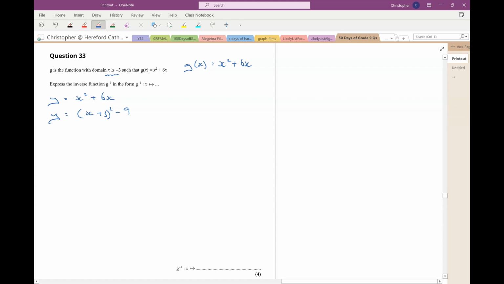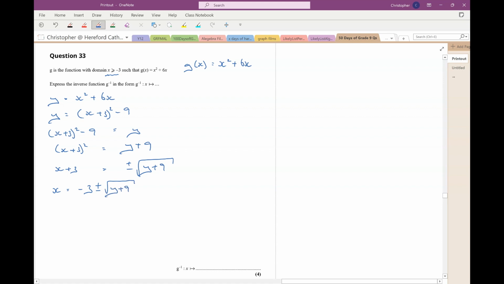Now, let's swap that round. So I'm going to have x plus 3 squared minus 9 equals y, and I need to make x the subject. So plus 9 to both sides. Now square root. So x plus 3 is plus or minus the square root of y plus 9. Now subtract 3, so x is minus 3, plus or minus the square root of y plus 9.